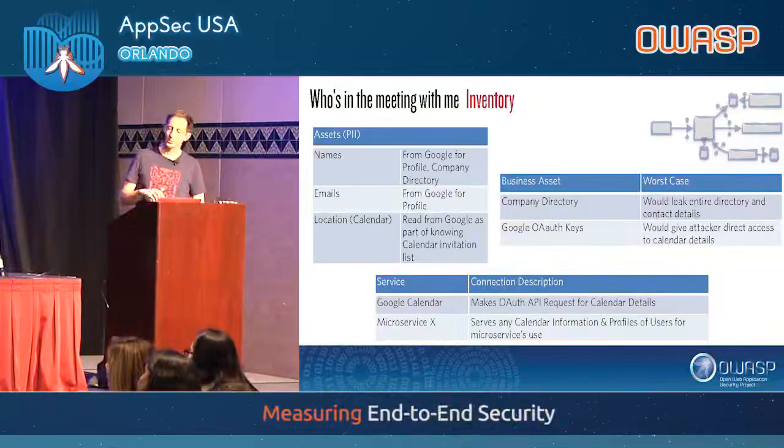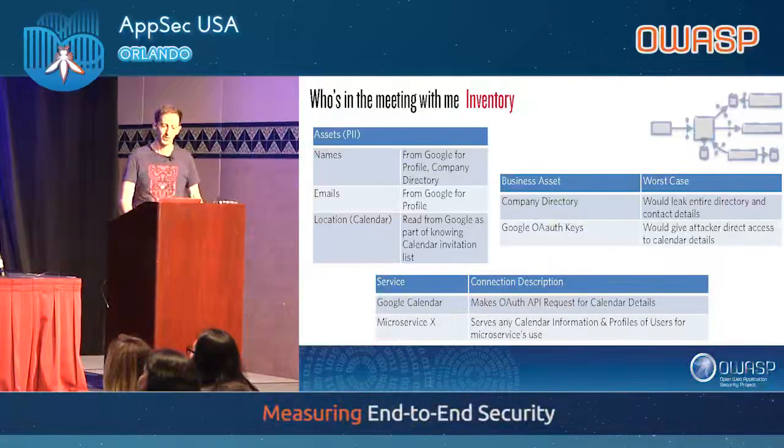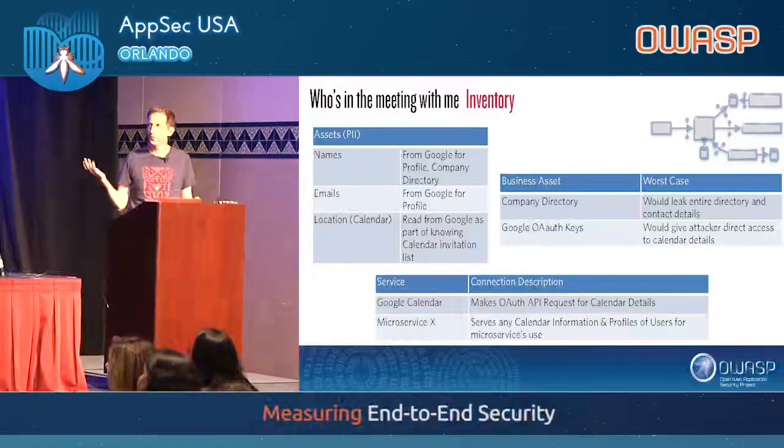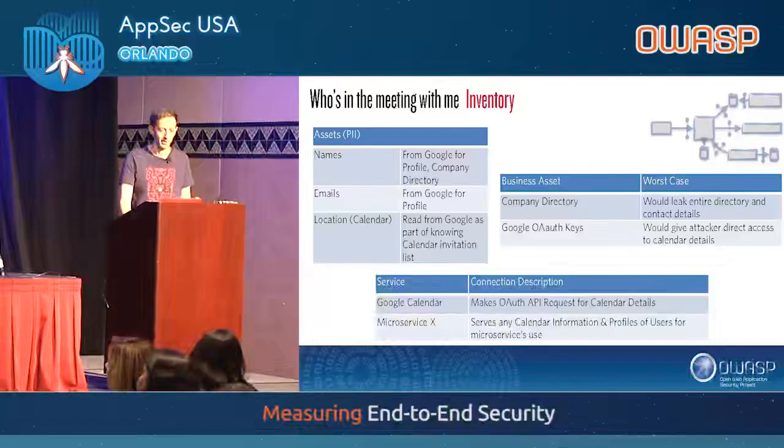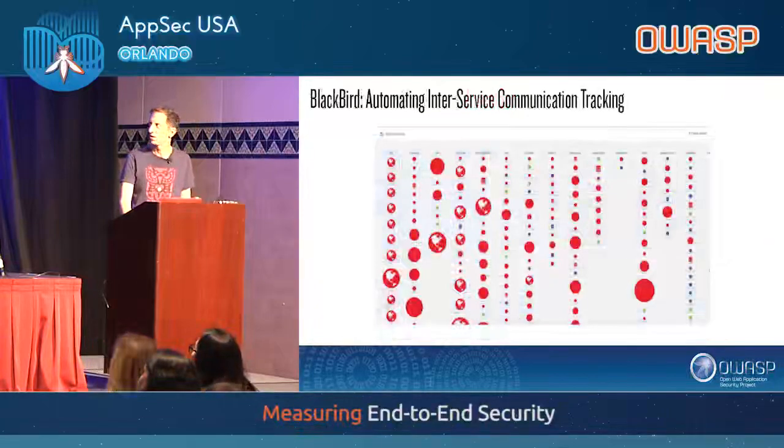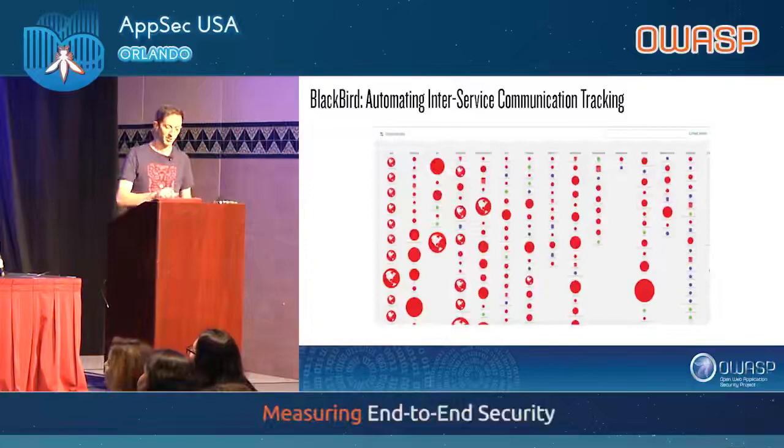And then we talk about the different services we talk to: Google Calendar, and the microservice that actually talks to us. Since we have this information for a lot of our microservices, and we have a lot of microservices, we actually wrote a really nice tool, so I'm going to sidetrack for a second and talk about something David wrote, which was Blackbird.